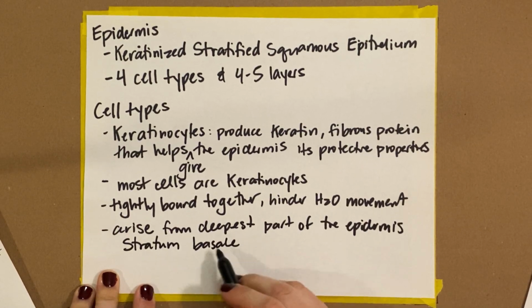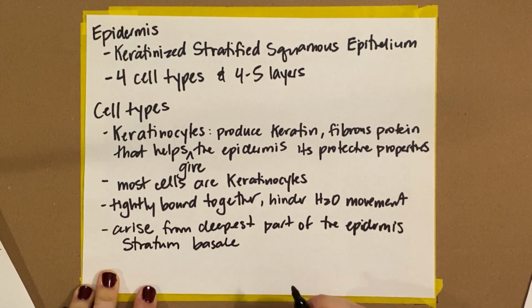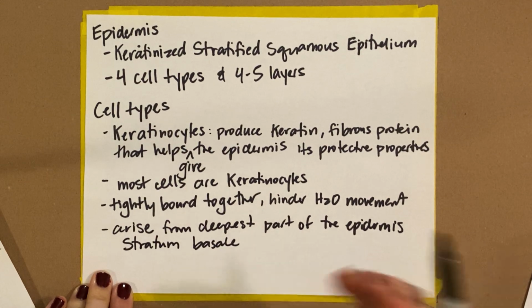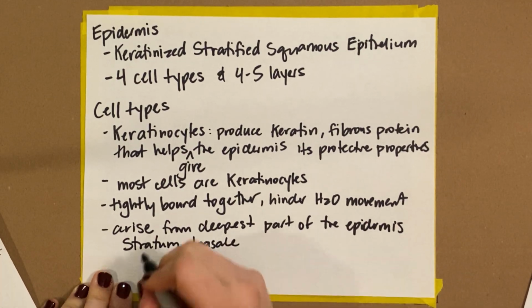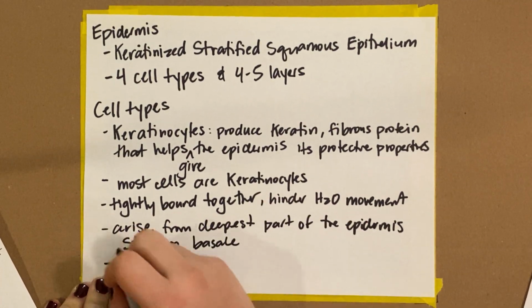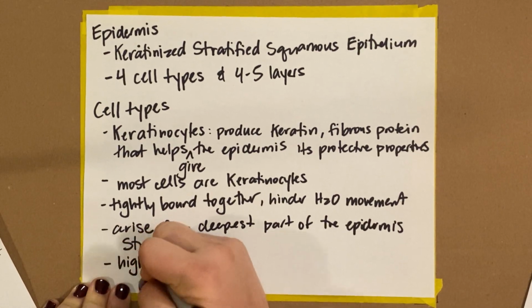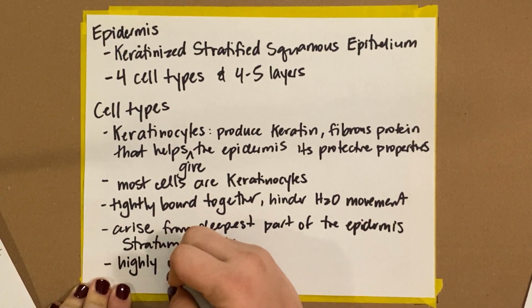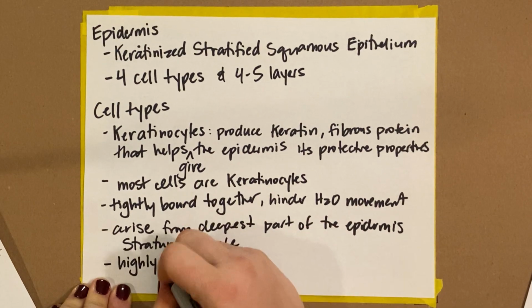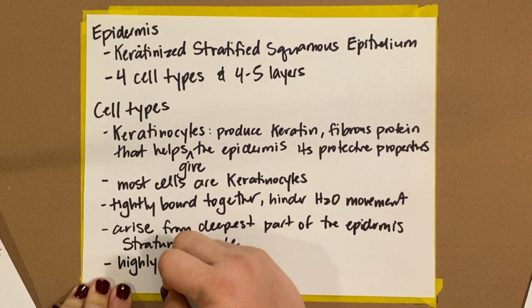You can just say basal. It's a little bit different from how you're supposed to say it, but it's the basal layer, which is the bottom. These cells, keratinocytes, are highly mitotic, which means they go through mitosis and can reproduce themselves. So highly mitotic.